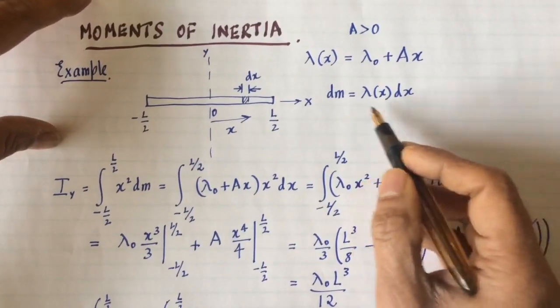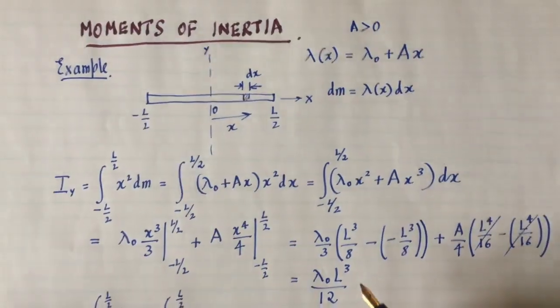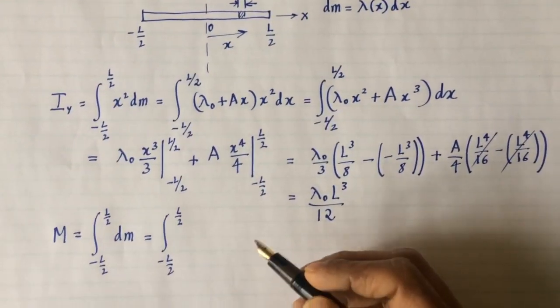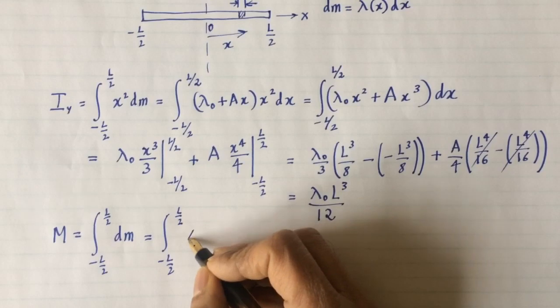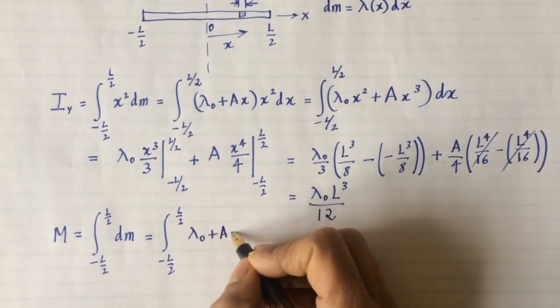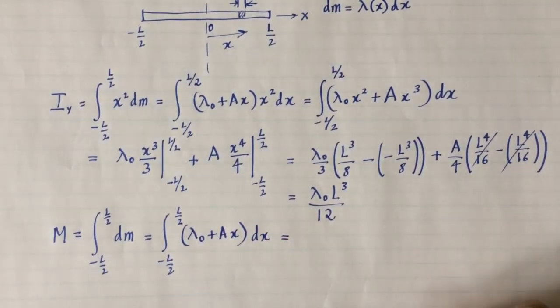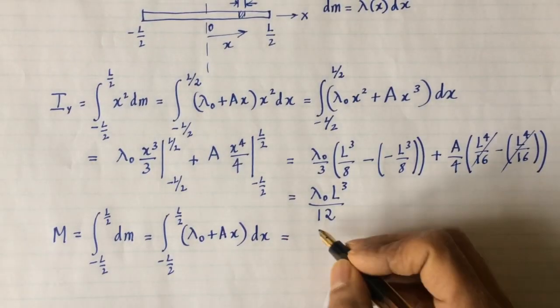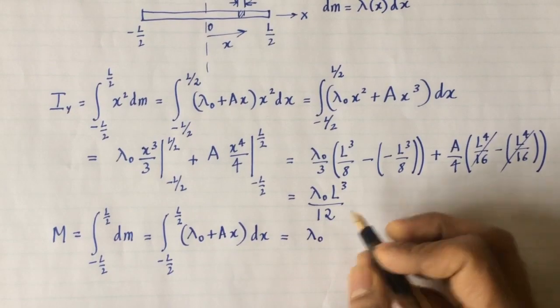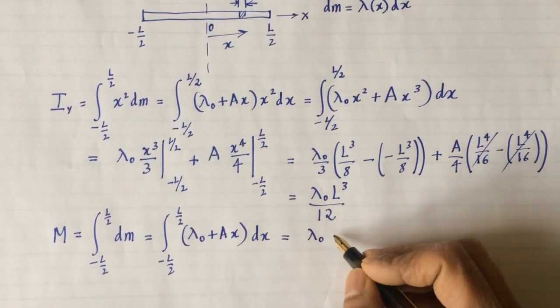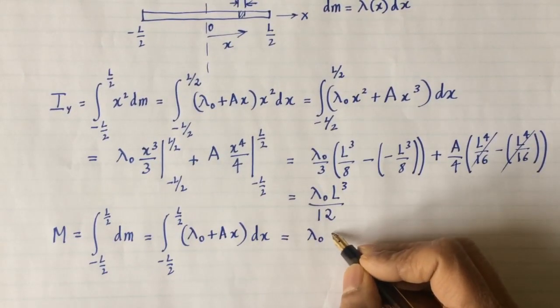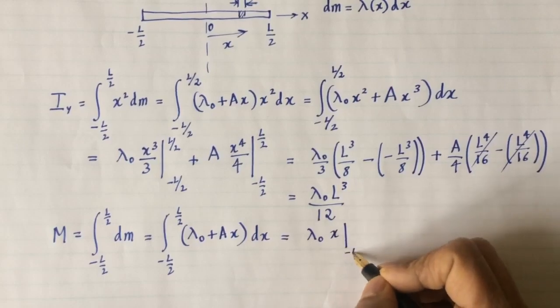So I'm just going to copy that. Now I'll proceed to evaluate this integral. It's lambda naught times x between the limits.